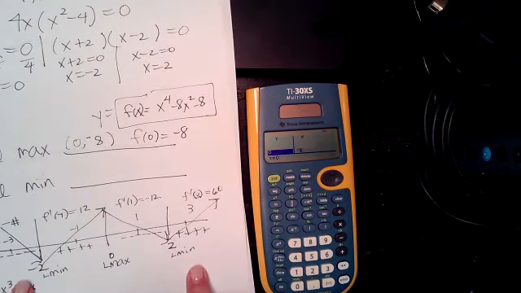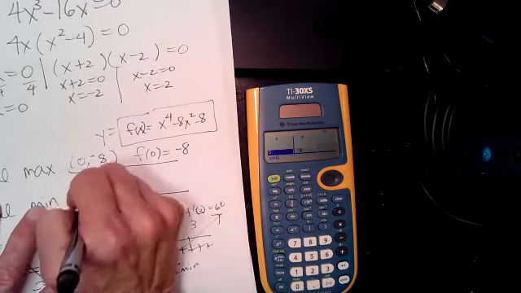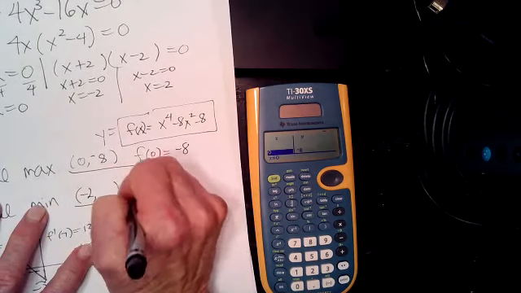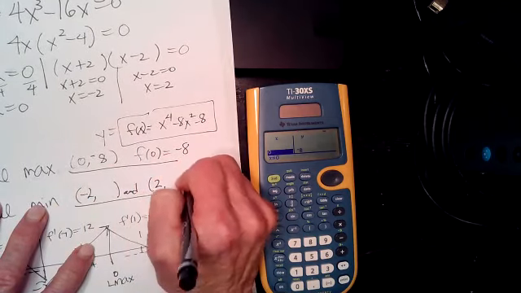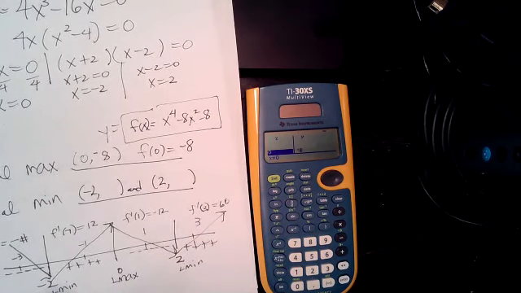And then I've got 2 local mins. So I have a min at negative 2 something and a min at 2 something. Okay, so I said f of 0 was negative 8. Oh, that's not f, that's f prime.